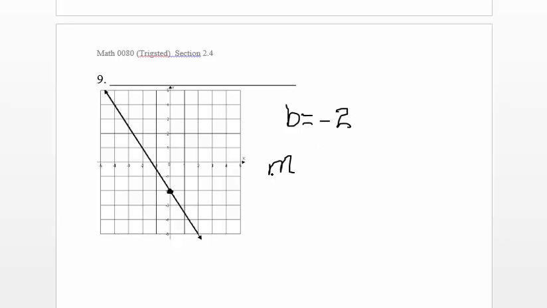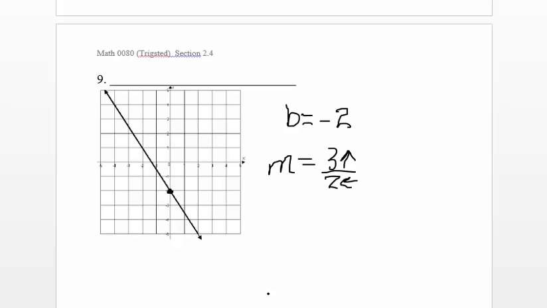Now I notice that for my slope, I have to move 1, 2, 3 units up, and 1, 2 units left to go from one point on the line to the other.